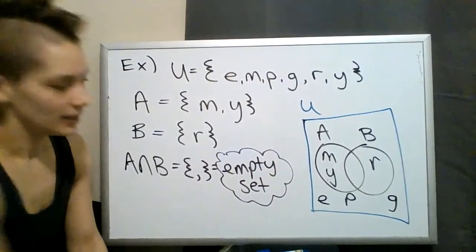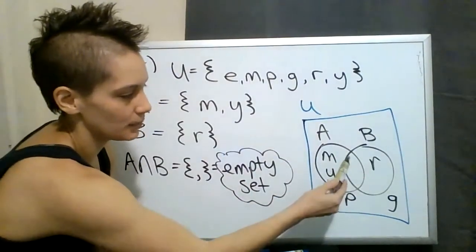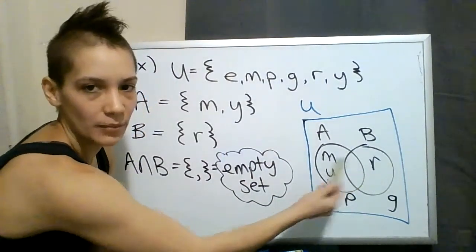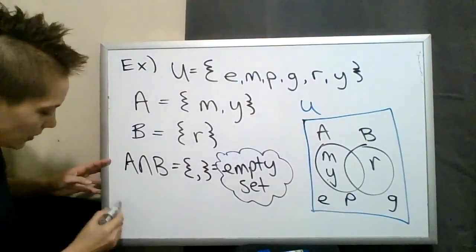A union B is a set A or set B or both. So M, R, and Y are in the union.